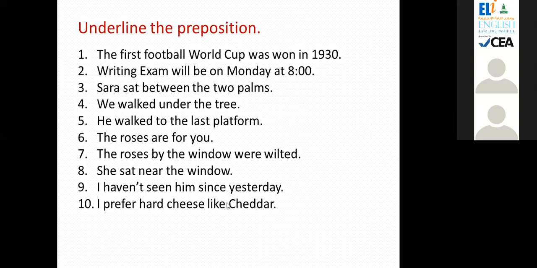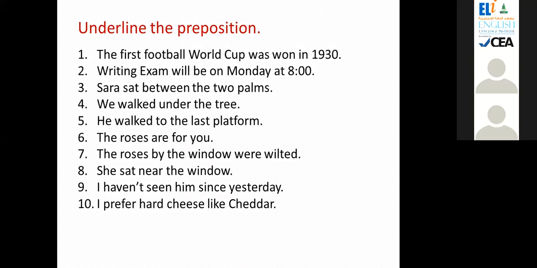So I want you here to underline the prepositions. Focus now on the prepositions and underline. For example, number one, in. Two, on and at.